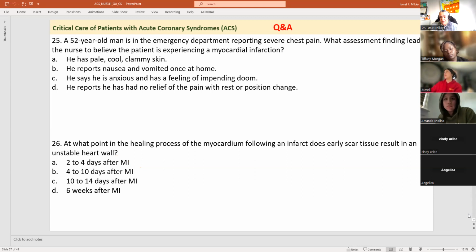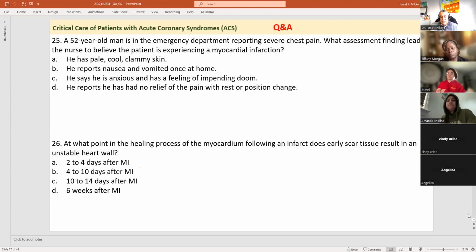Here, you're talking about the myocardium following the infarct. Does early scar tissue result in an unstable heart wall? That will be 10 to 14 days after the acute MI, like 2 weeks after, when your scar tissue is weak and vulnerable to increased stress because of the unstable state of healing at this point, as well as the increasing physical activity of the patient.